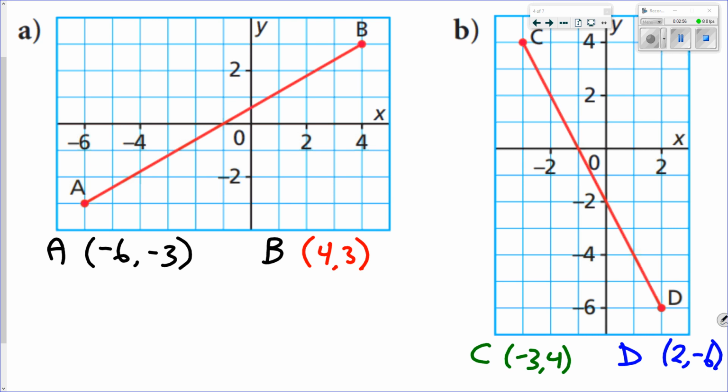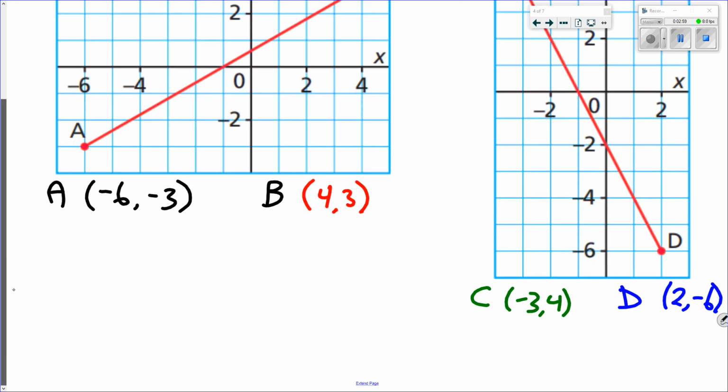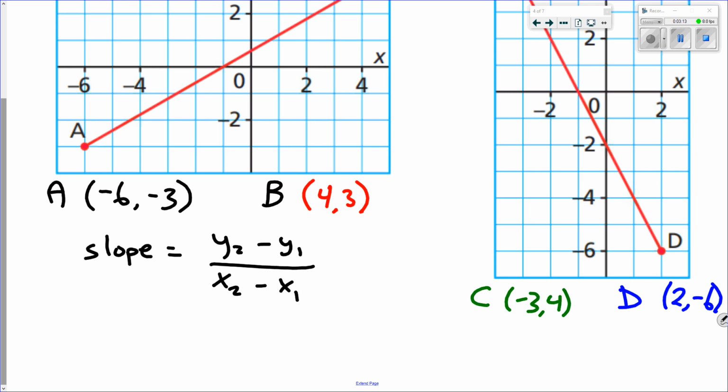Go back and remember that formula from the previous slide. Slope is equal to y2 minus y1 over x2 minus x1. So y2 is 3, x2 is 4.